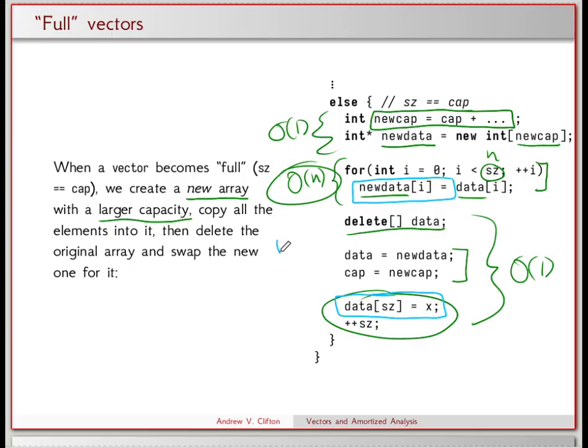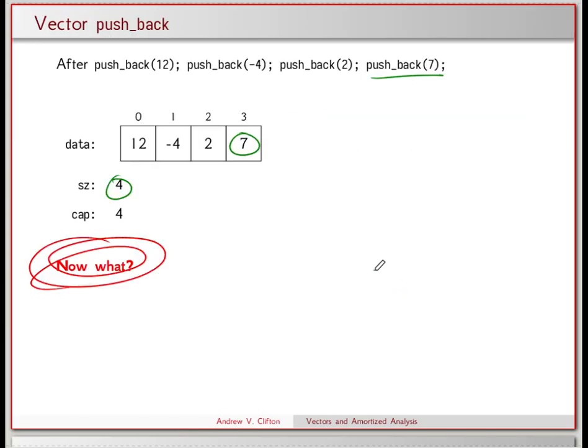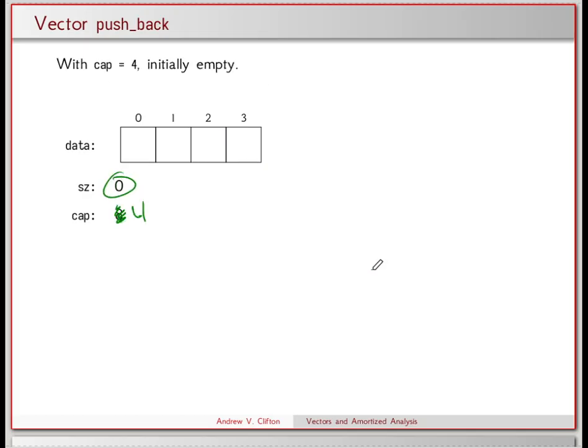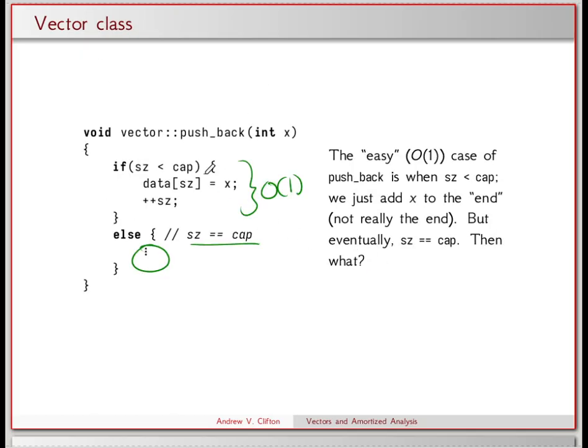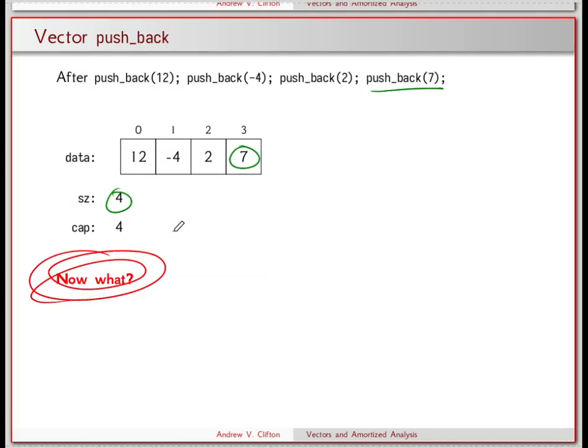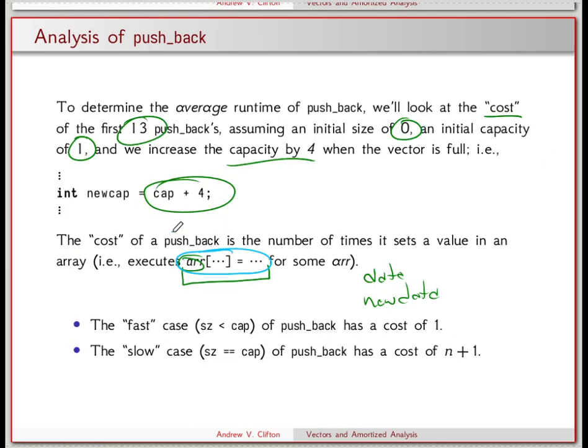So in our worst case, our cost is going to be n plus 1. And then if we go back up to our easy case here, we do that operation here. So this has a cost of just 1. So those are where our two costs come from. Our fast case has a cost of 1, and our slow case has a cost of n plus 1. Apologize for skipping around there.